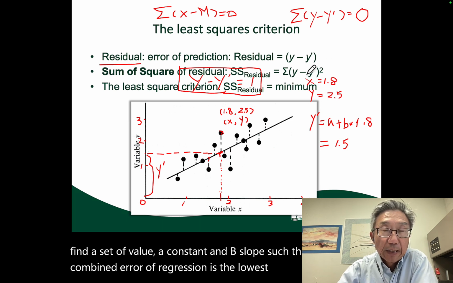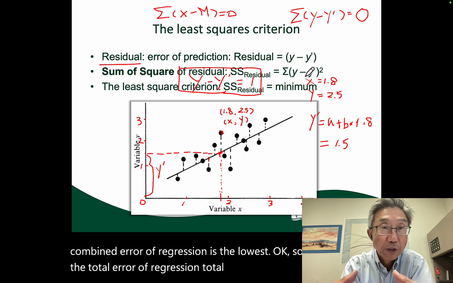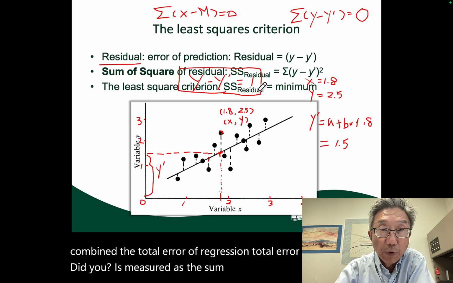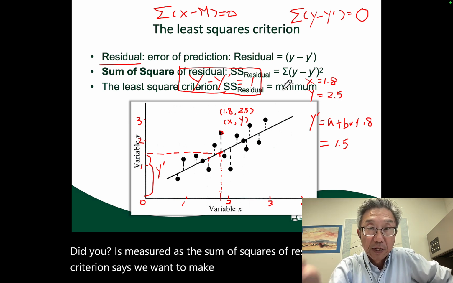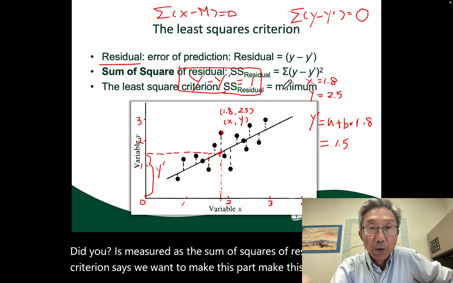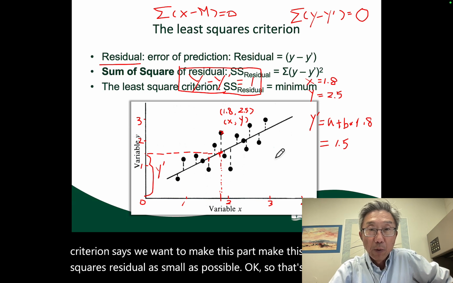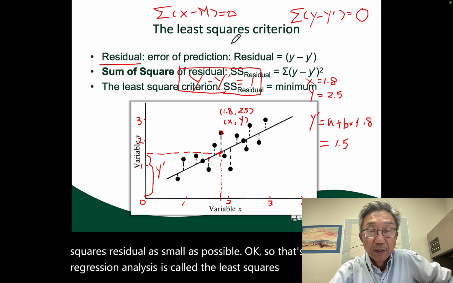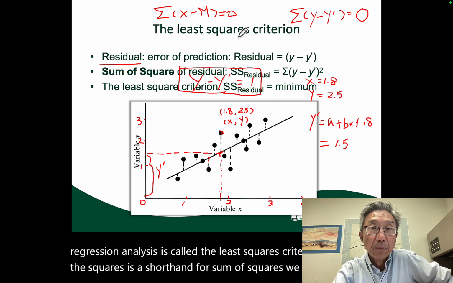The total residual error is measured as the sum of squares of residuals. The criterion says we want to make the sum of squared residuals as small as possible. That's why this regression analysis is called the least squares criterion, where squares is shorthand for sum of squares. We try to minimize the error in prediction.